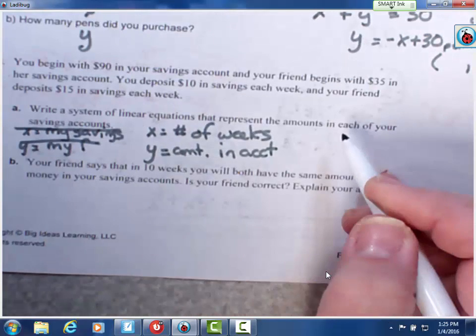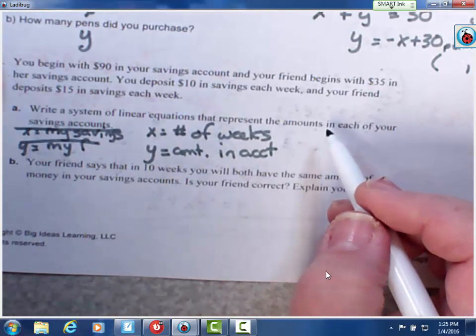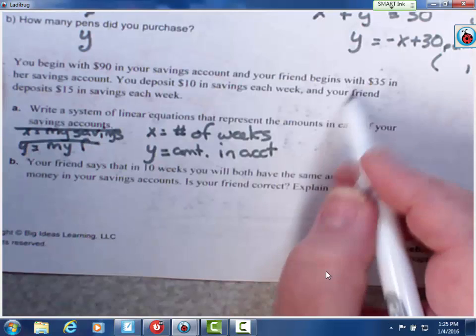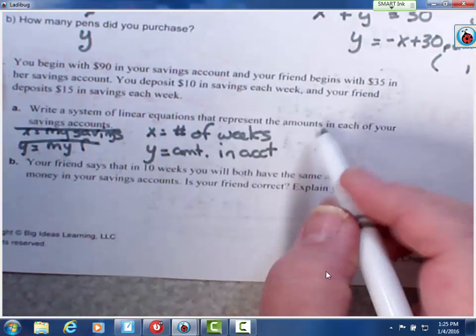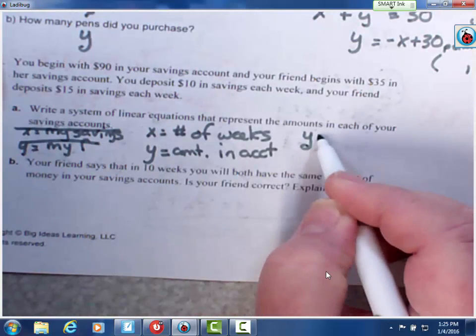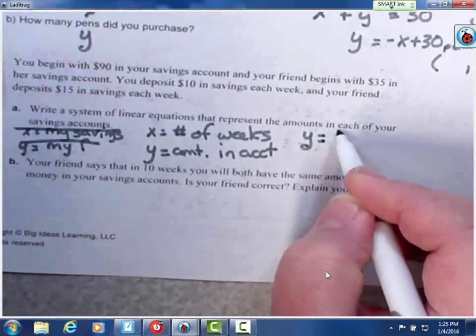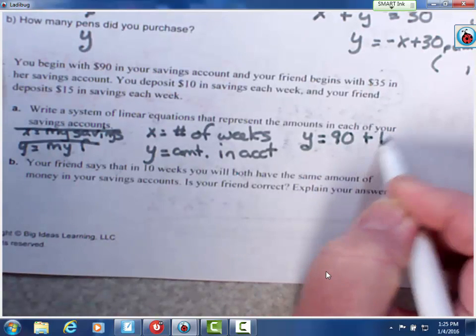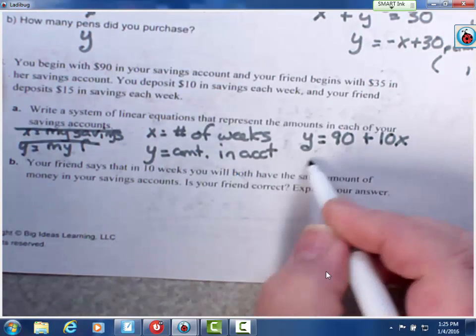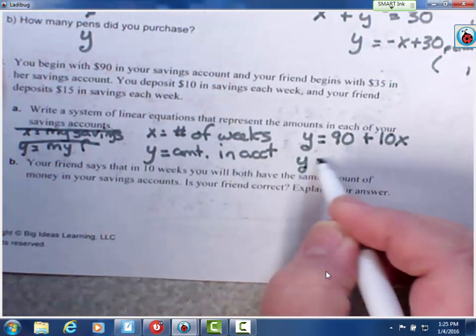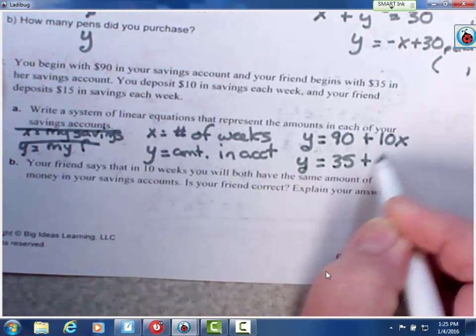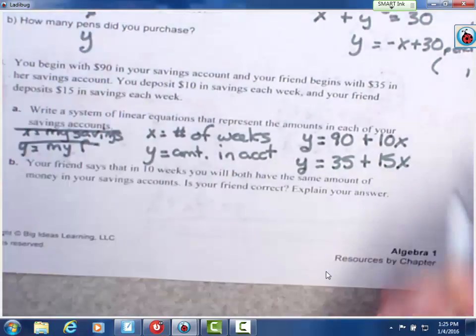Okay. So if I begin with $90 and I'm adding $10 each week, then in my account the balance will be 90 plus 10x each week. And then my friend, she started with 35, but she's going to add $15 per week.